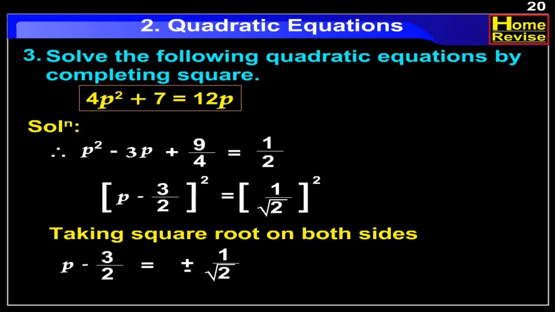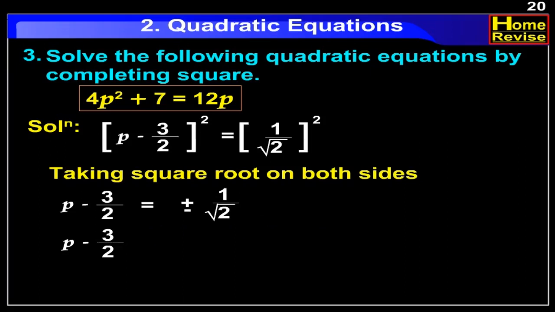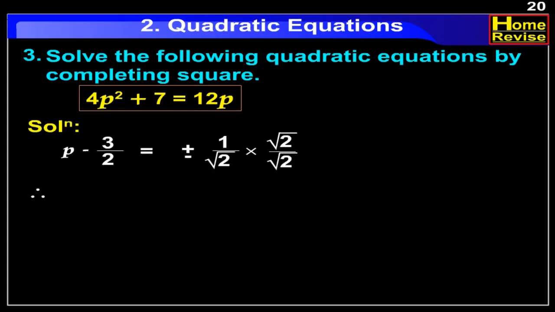Now rationalizing the denominator on right hand side, we get p − 3/2 = ±(1/√2)(√2/√2). Therefore, p − 3/2 = ±√2/2.